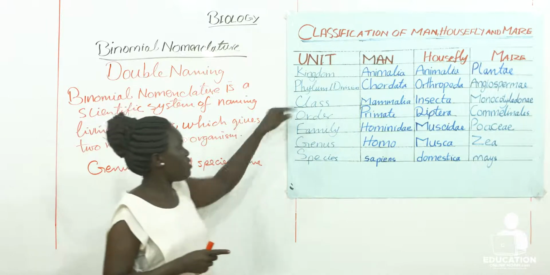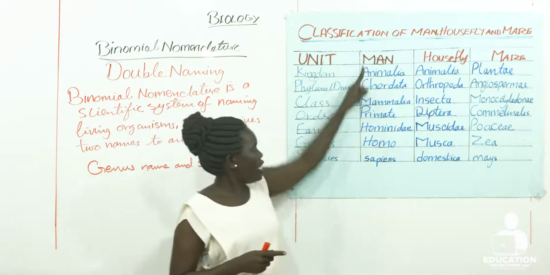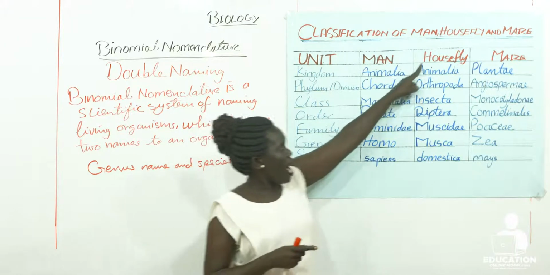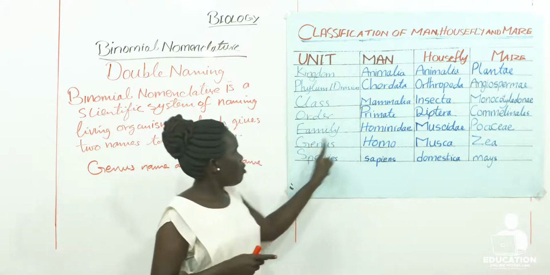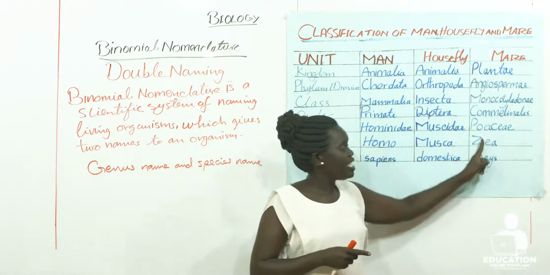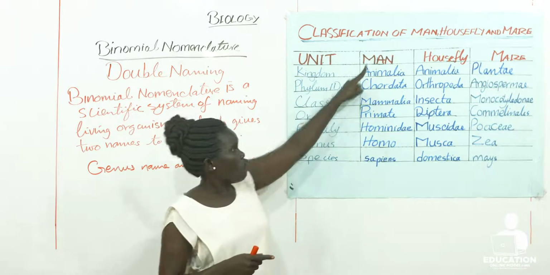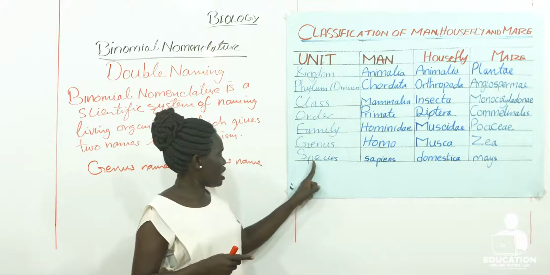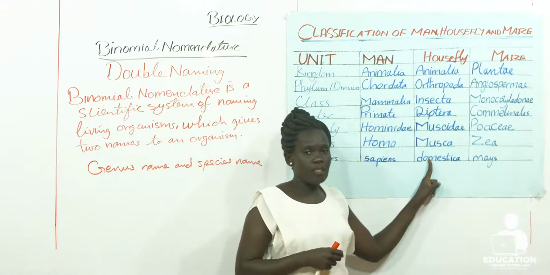From the classification here, the genus name for man is Homo. The genus name for housefly is Musca. The genus name for maize is Zea. The species name for man is sapiens. The species name for housefly is domestica.